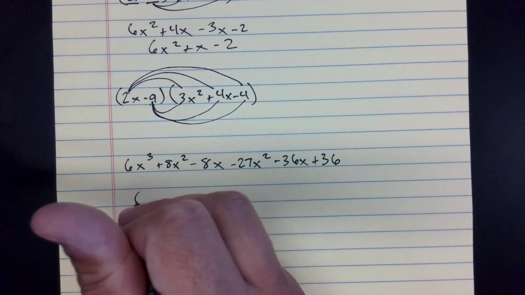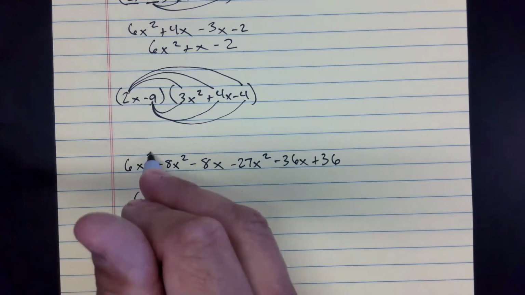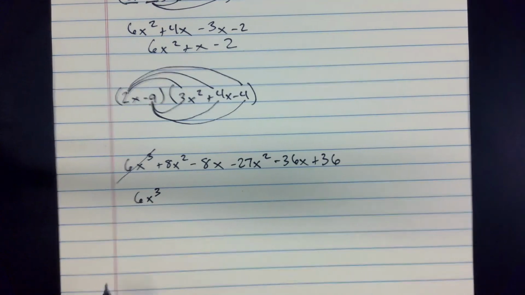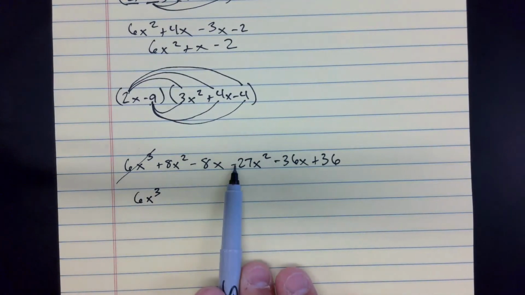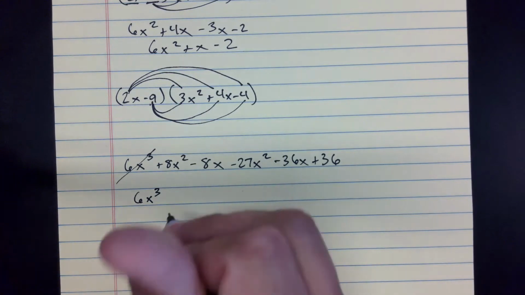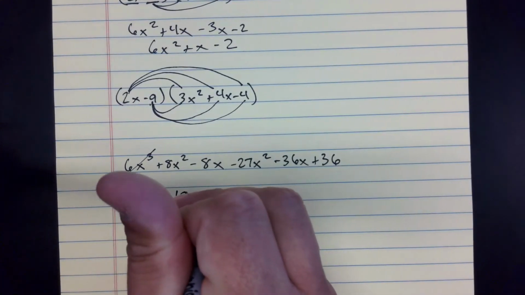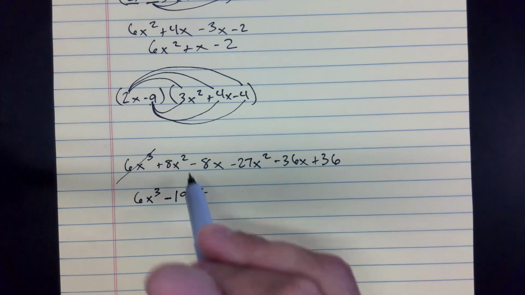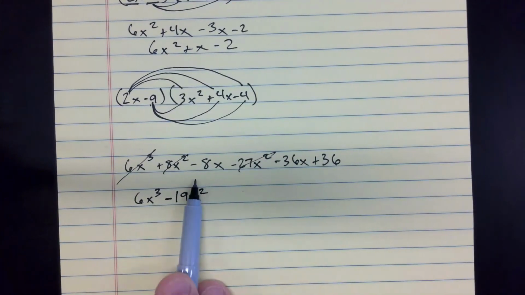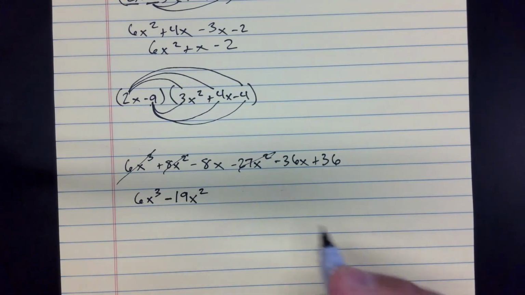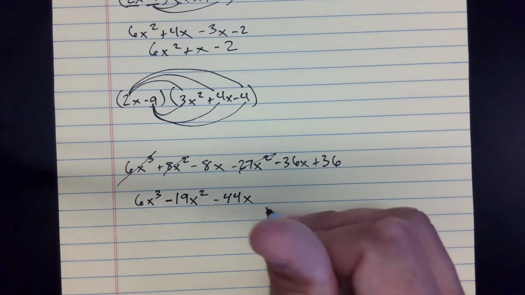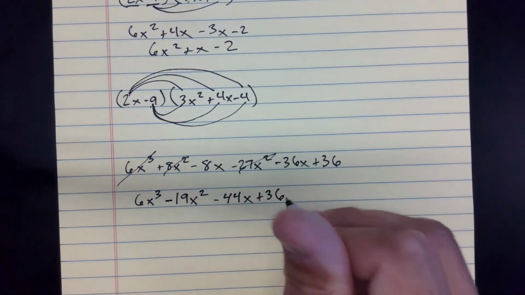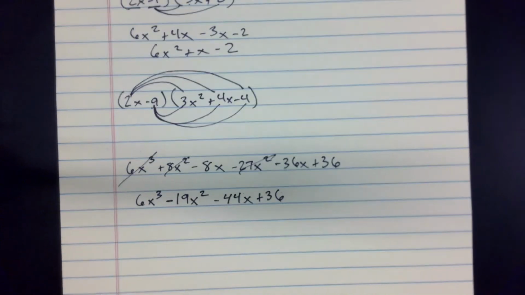So we start off with the greatest exponent. Then we look for the next highest exponent, which is x squared. So 8x squared minus 27x squared is negative 19x squared. Negative 8x minus 36x is negative 44x. Then plus 36, and there's your solution.